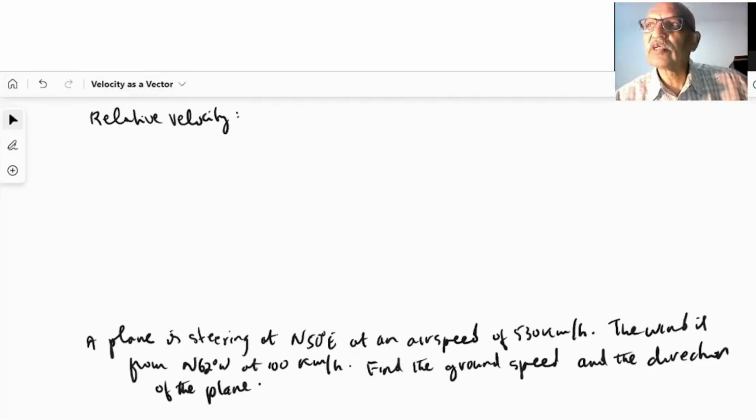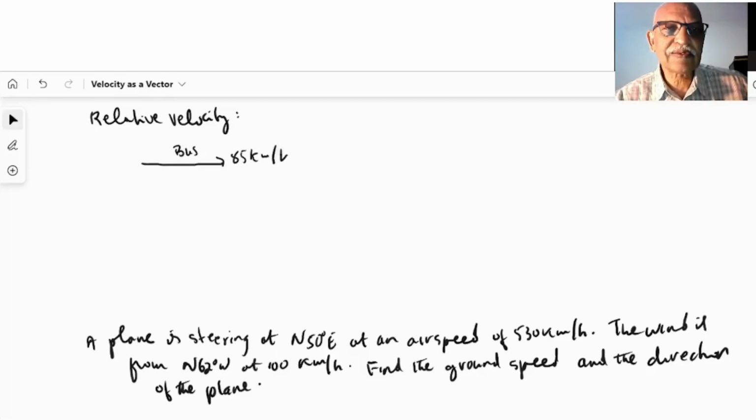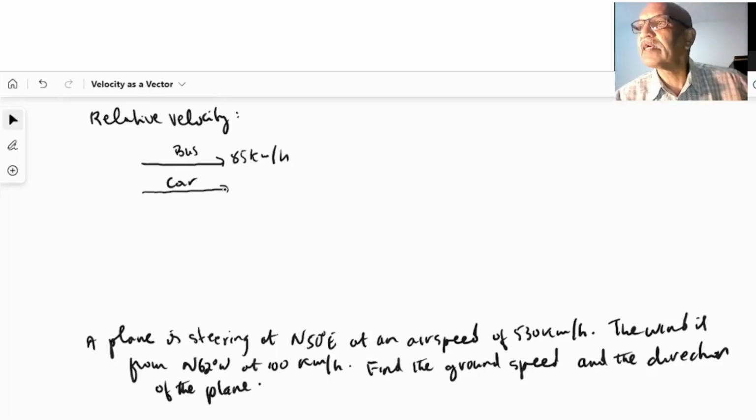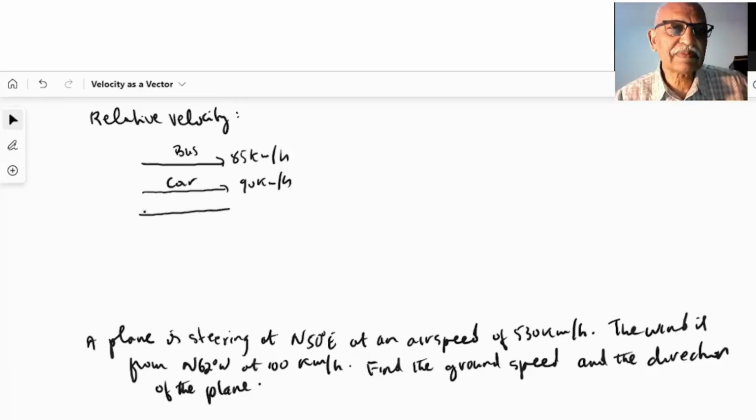What does it mean? Let's say an example: there is a bus going this way at 85 kilometers per hour, and a car going at 90 kilometers per hour, and a train going the other way at 80 kilometers per hour.